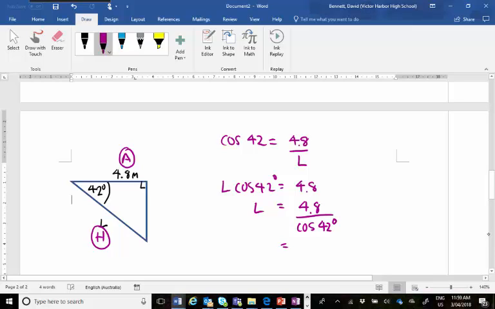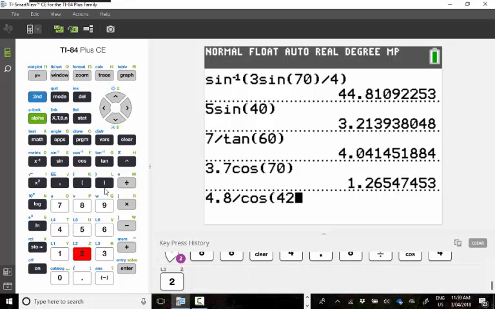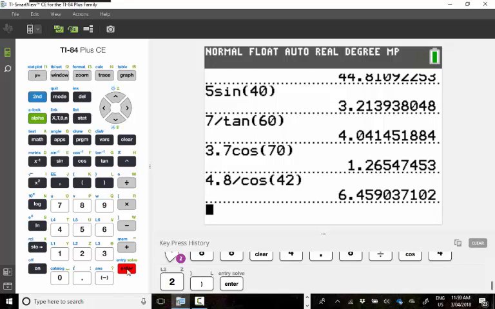I'm happy for you to go straight to that line in one go if you like. So now let's do this on the calculator. So it's 4.8 divided by cosine of 42 degrees, and that will give me 6.46.